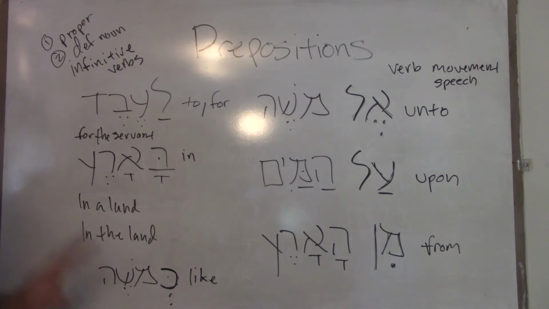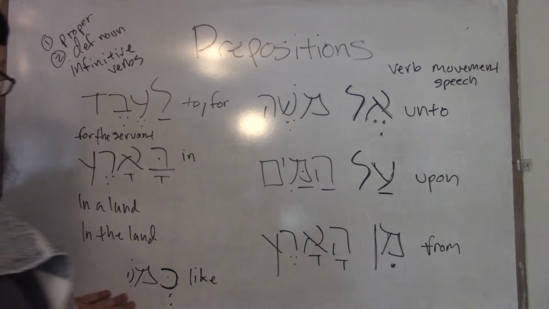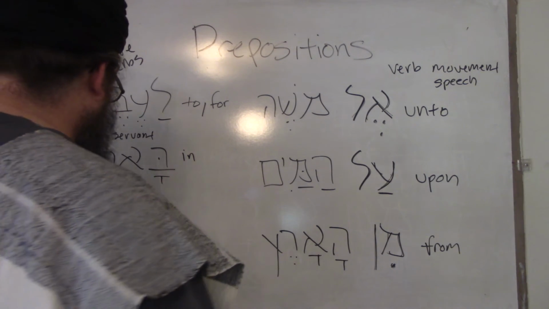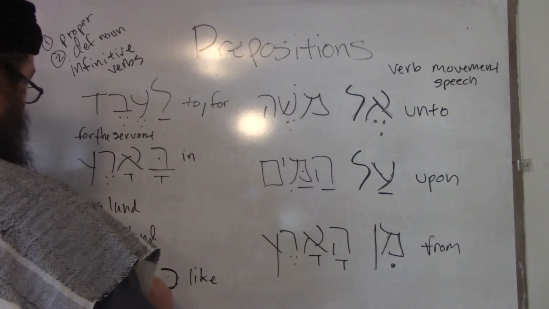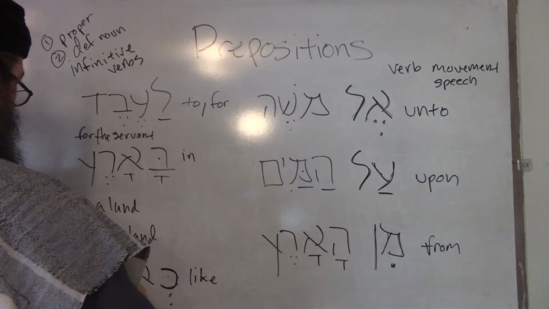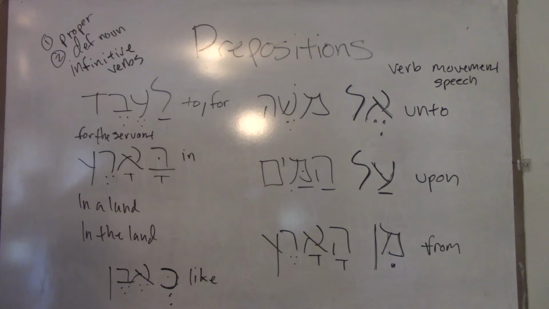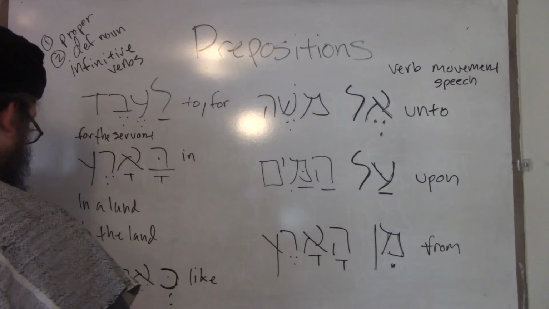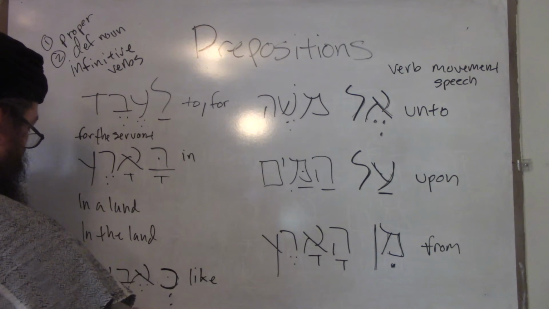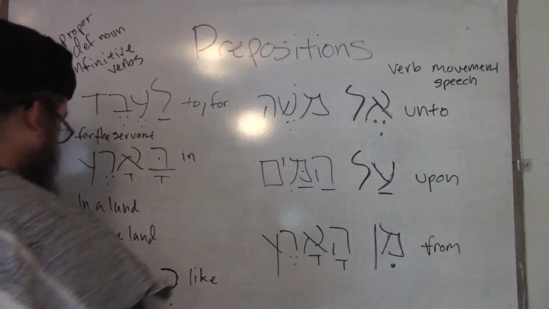This makes it definite. So you know it's definite, okay? However, if I want to say ke'even, like a stone, I know that stone is indefinite, so I have to translate it like it is, like a stone.